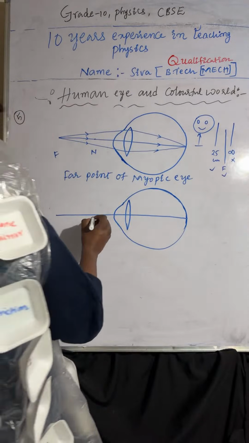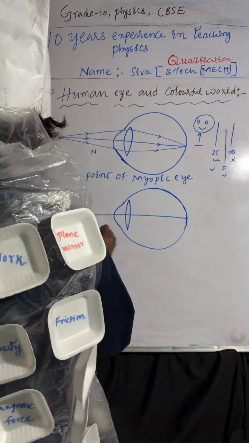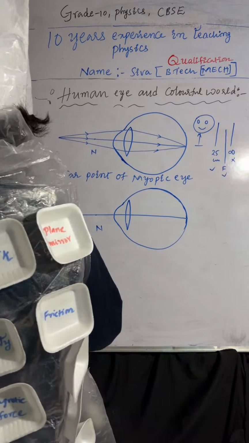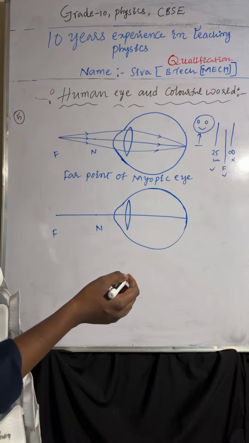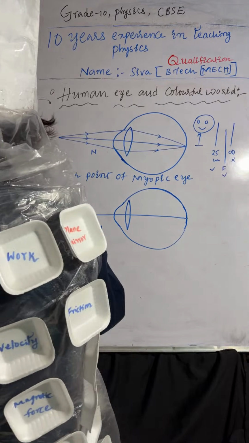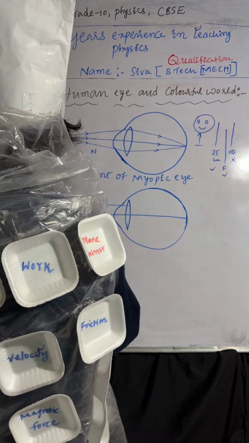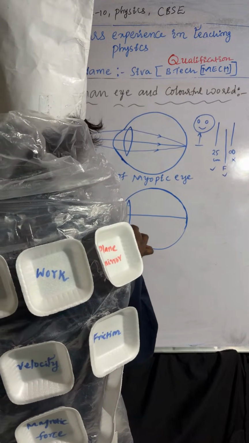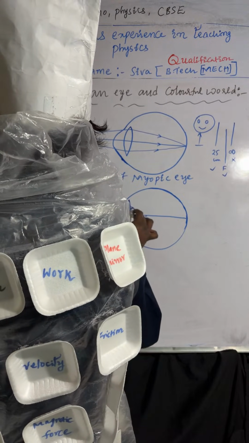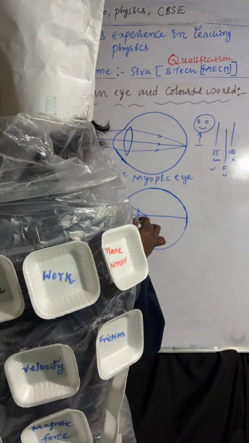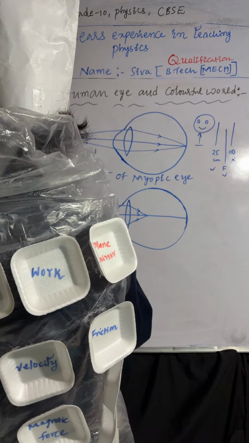So here is N and this one is F. If the light rays are coming from infinity, where will those light rays meet? Those light rays will meet in front of the retina.